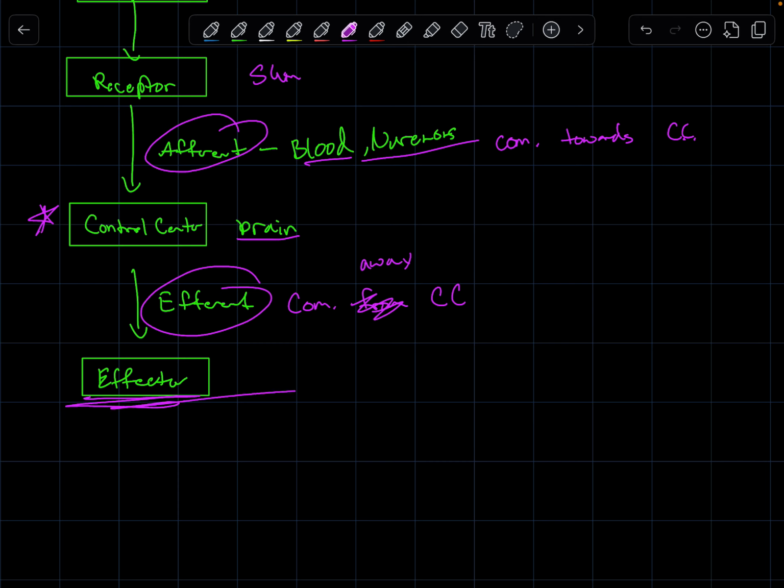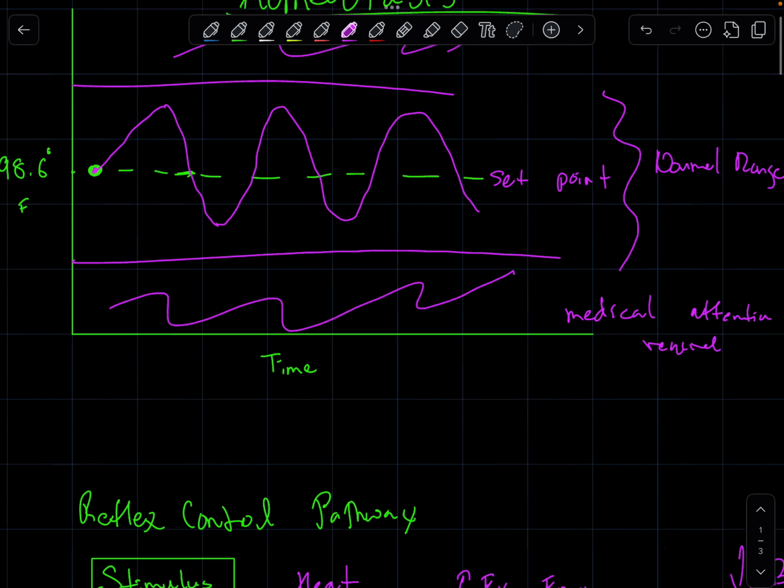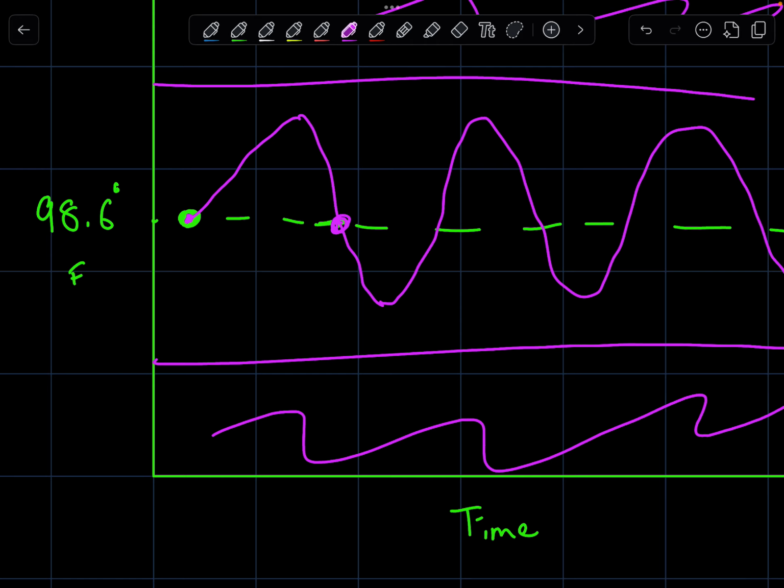An effector, for example, could be sweating, right? And this will naturally affect our stimulus in a negative feedback loop. This will then cause our body temperature to decrease, bringing us back to normal.